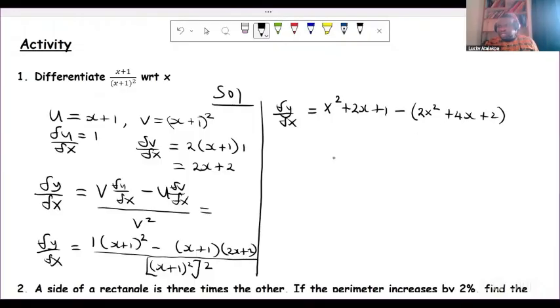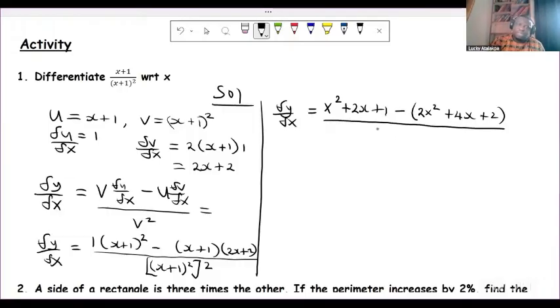I hope I am correct. Okay, so over v squared, this becomes (x plus 1) squared, which will turn to the power of 4. 2 times 2. Good.